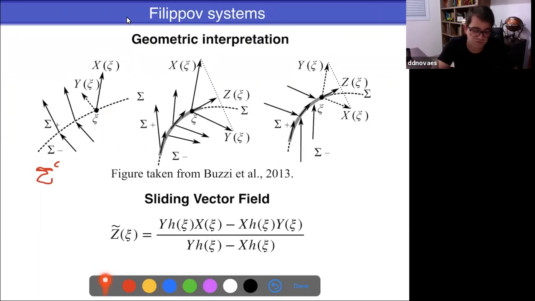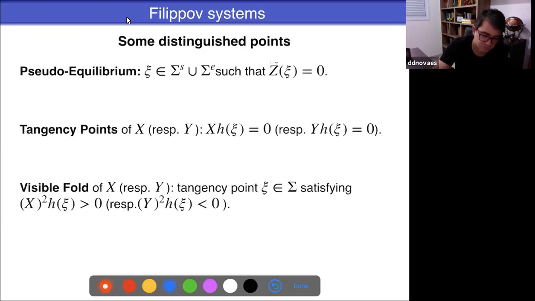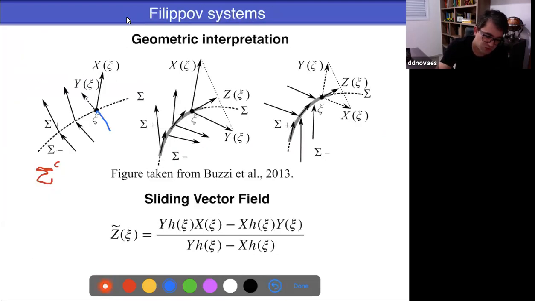In this situation, the solutions on both sides of the discontinuity surface can be continuously concatenated. So for instance, here we have a trajectory that can be concatenated with a trajectory on the other side.